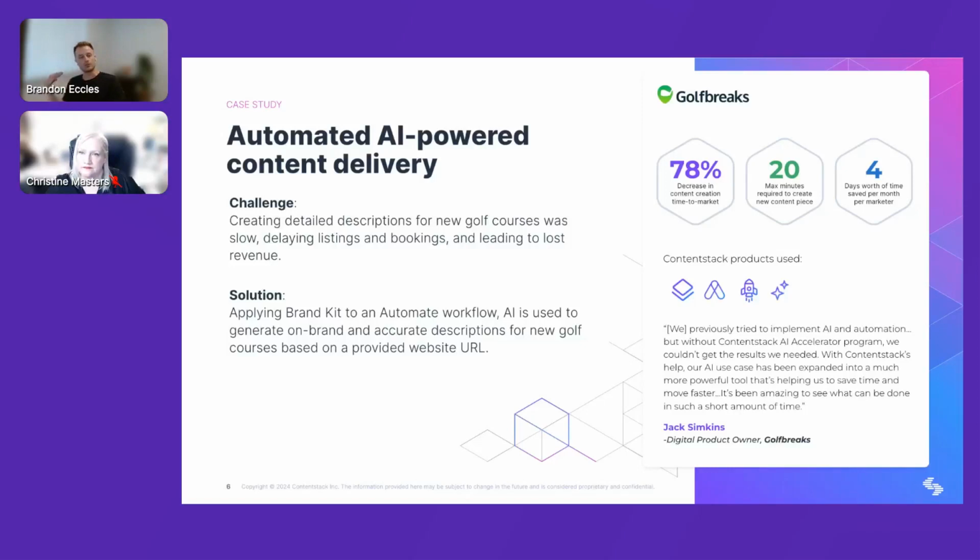Having them automatically generated based on the rules and context of their brand has allowed them to really increase their speed to market, decrease the time it takes to generate content, and get to the ultimate result they're hoping for. These are really exciting things we're seeing with some of our early customers who are seeing success with BrandKit.